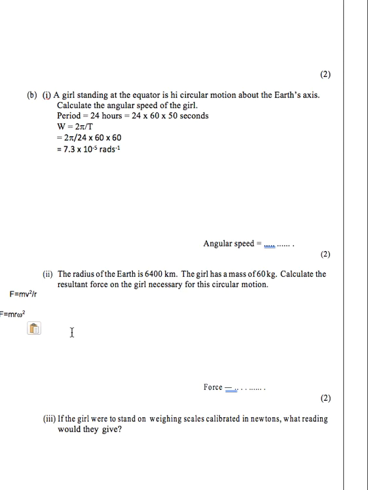And if we put in our numbers, we've got 60 times the radius, which is 6,400,000, that's meters of course, times the angular speed, which was 7.3 times 10 to the minus 5, squared.